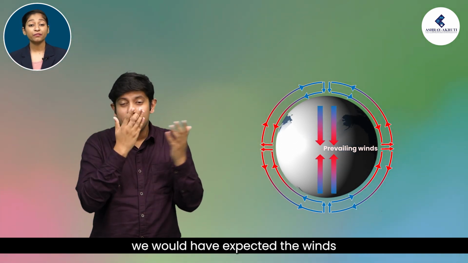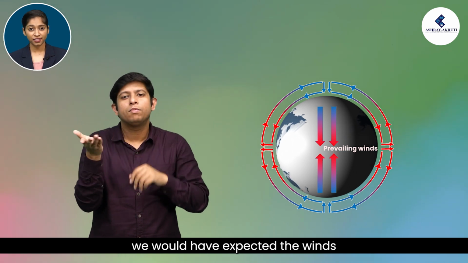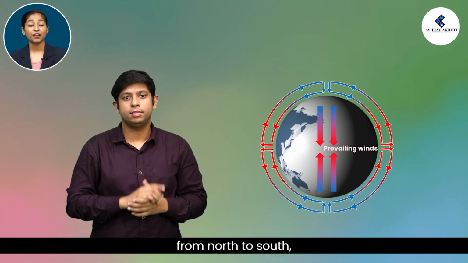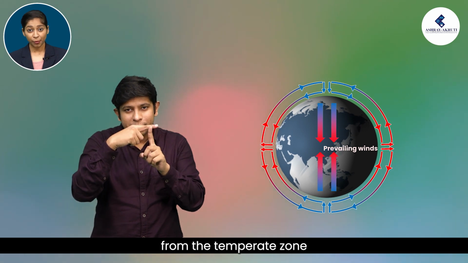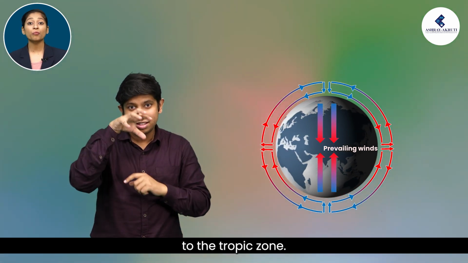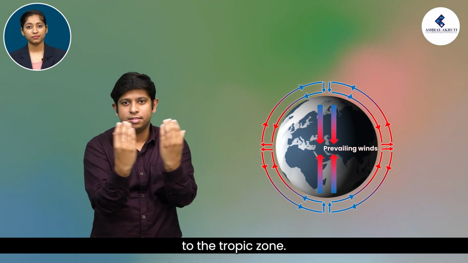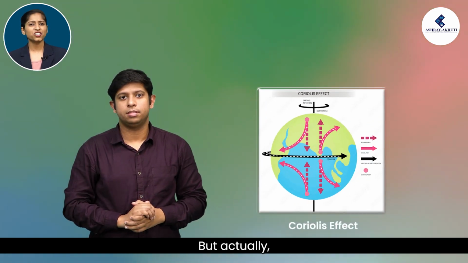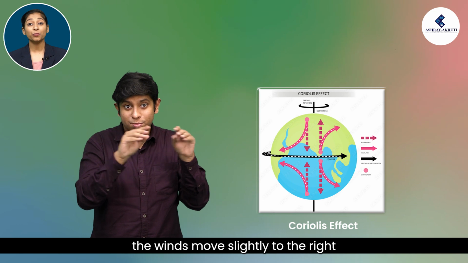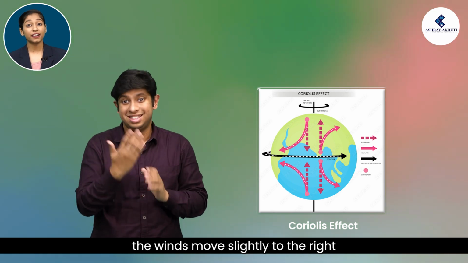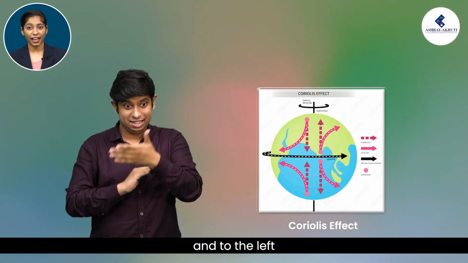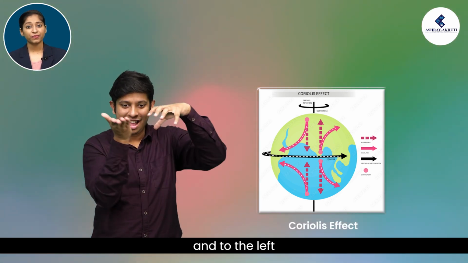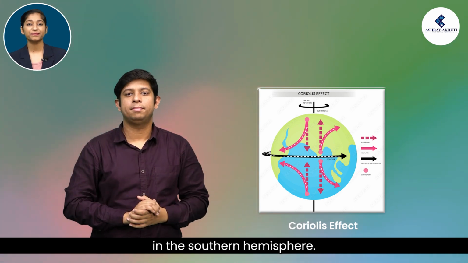Normally, we would have expected the winds to move in a straight line from north to south or south to north, from the temperate zone to the tropic zone. But actually, the winds move slightly to the right in the northern hemisphere and to the left in the southern hemisphere.